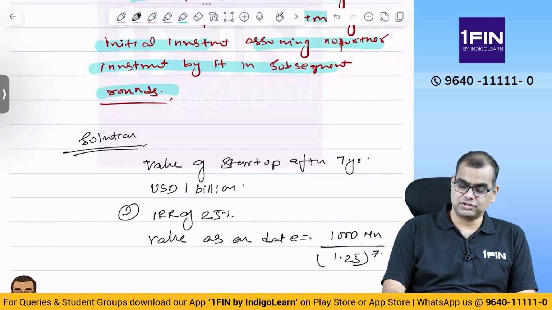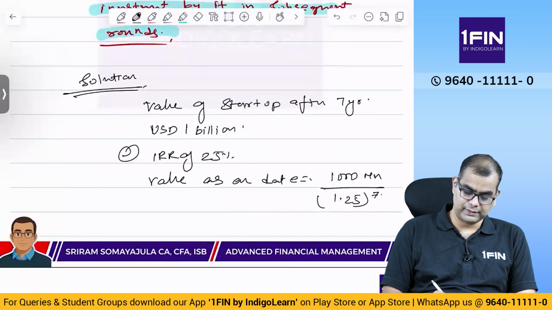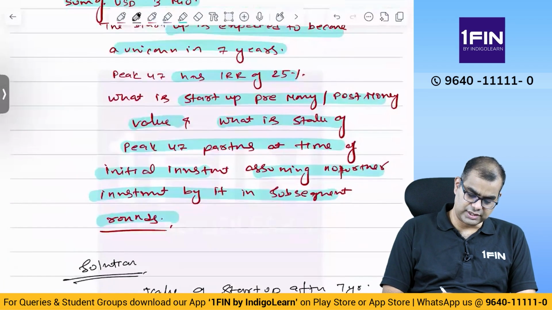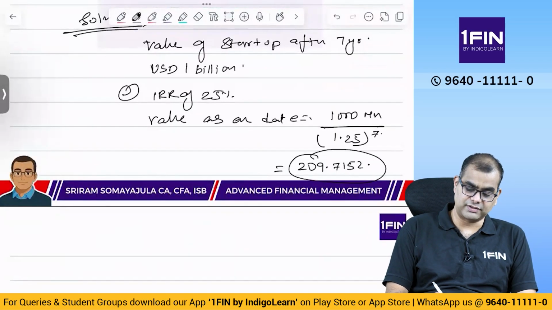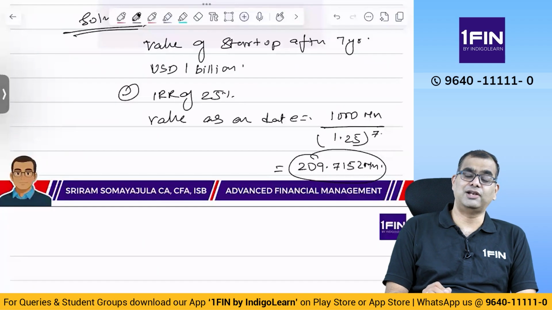Simple, nothing else. So, 1000 million divided by 1.25 to the power 7 is equal to 209.7152. It is 7 years only, right? Yes. 209.7152 million. This is the value as on date.